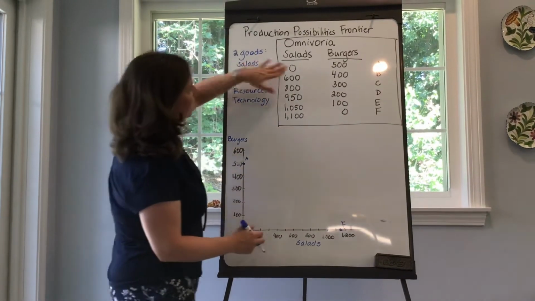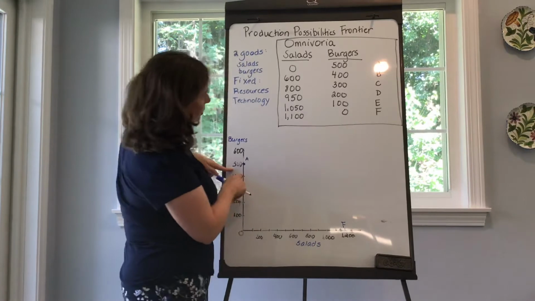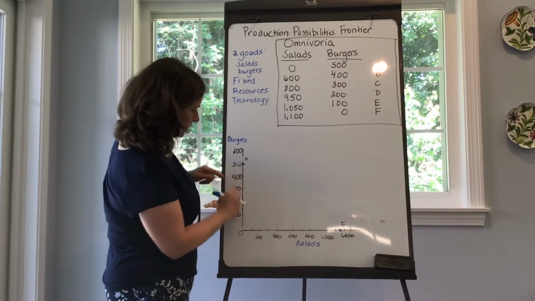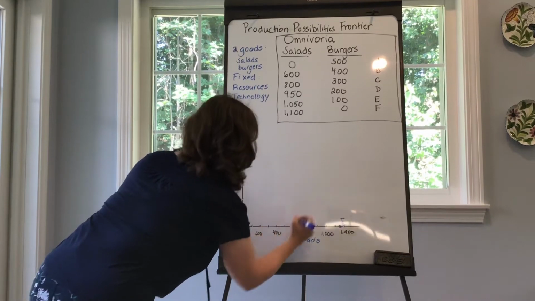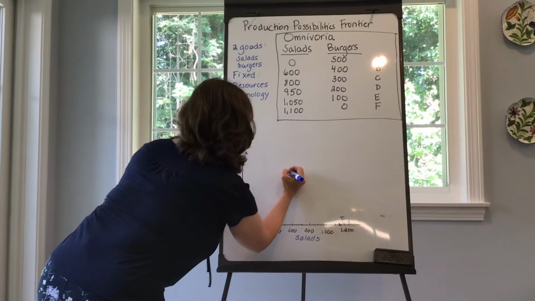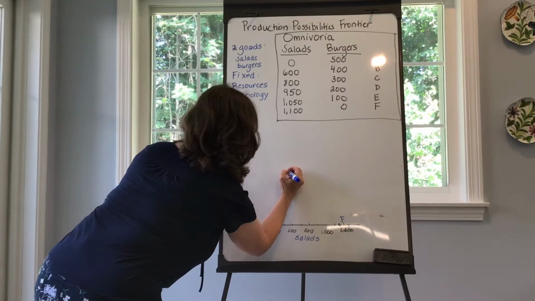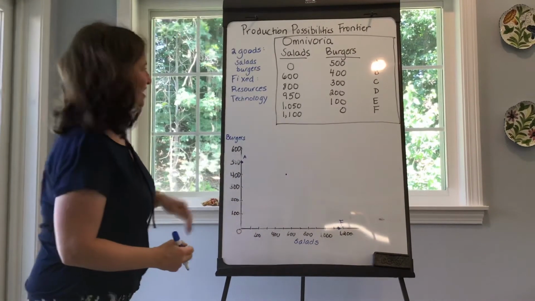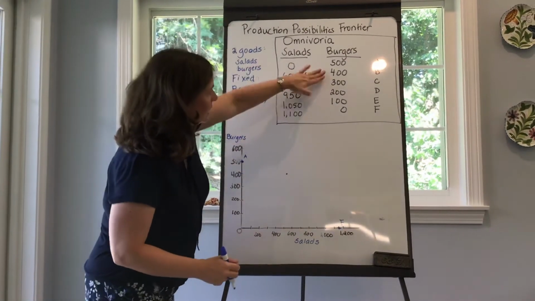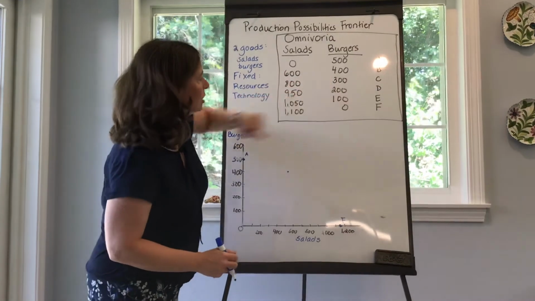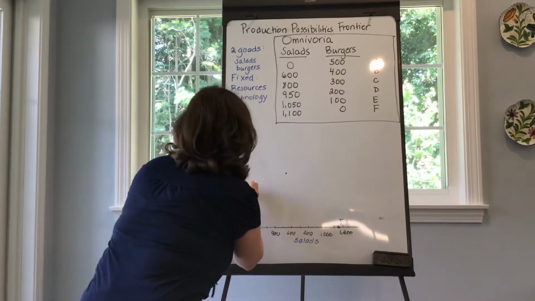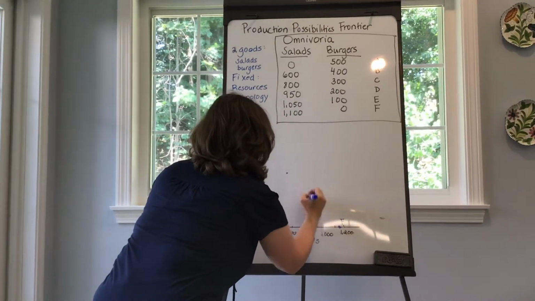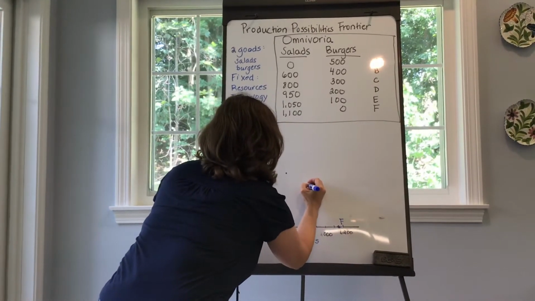So let's say if I reduce my burger production from 500 to 400, wow, that allows me to produce 600 salads. So I'm going to eyeball this, but as I said, ideally you'll be using graph paper, and your graph will be even neater than mine. Now let me continue at point C, 300 burgers and 800 salads. So that's going to correspond to roughly this point.